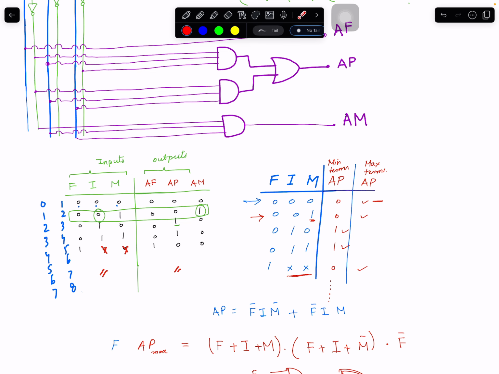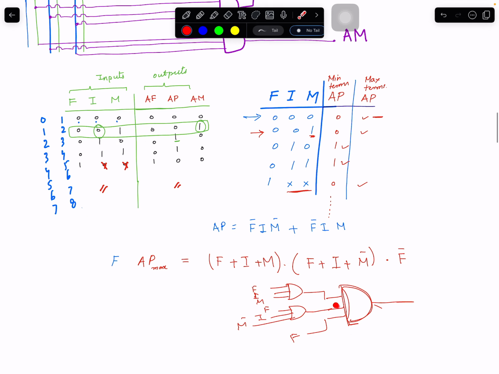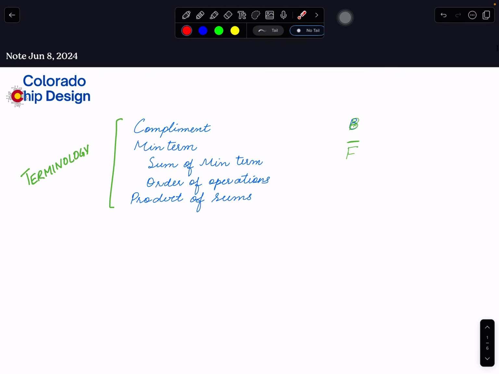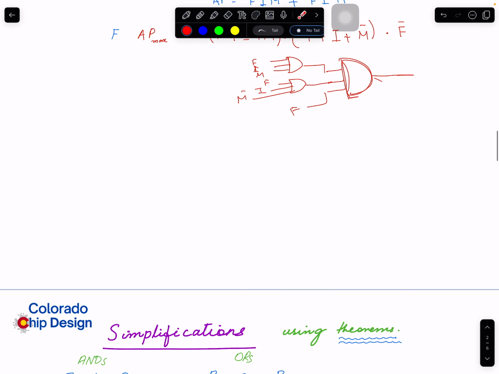You're just figuring out which one you use to create this logic, and you pick the one that gives you a simpler result. Okay, all right, so I think we covered these terminologies. Few other things I want to get into.